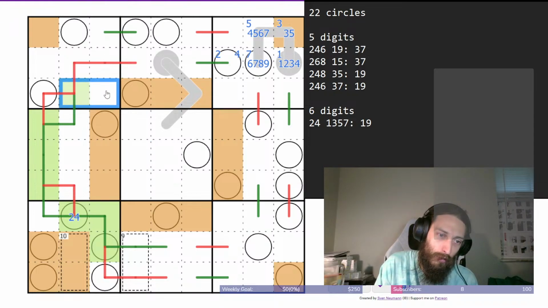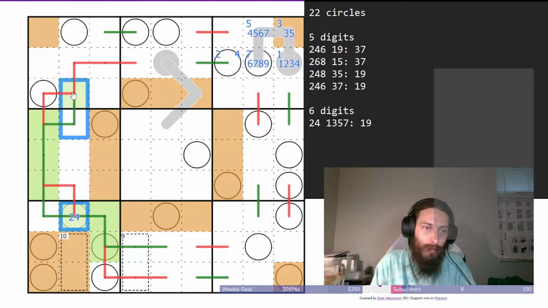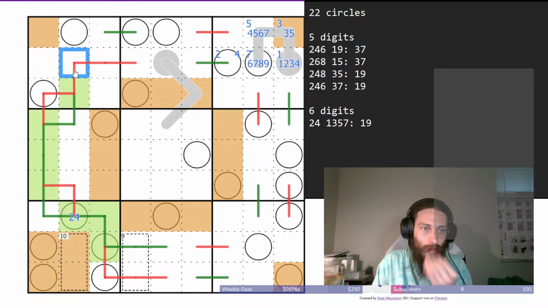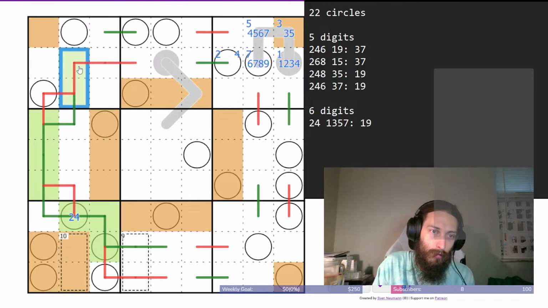And if I go right, I'd have to come back left, because I only have 1, 2, 3 greens here. So the green path has to move up here.